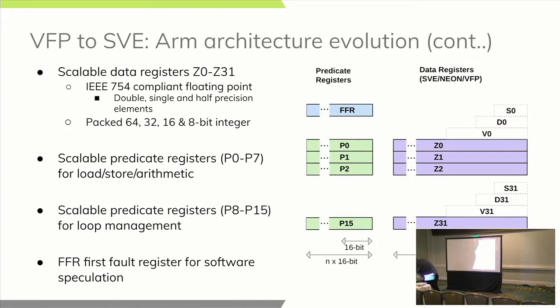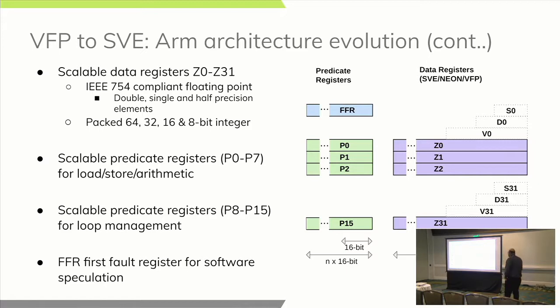Now if we look at what changed with SVE, we got 32 Z registers, which had a minimum size of 128 bits. In that case, if the size is configured to be 128 bits, the Z register is actually the same as the V register and maps onto the V register, D register, or S register, similar to the one in AArch64. So the first 32 bits map to the S register, the first 64 to the D register, and the first 128 bits map onto the V register.